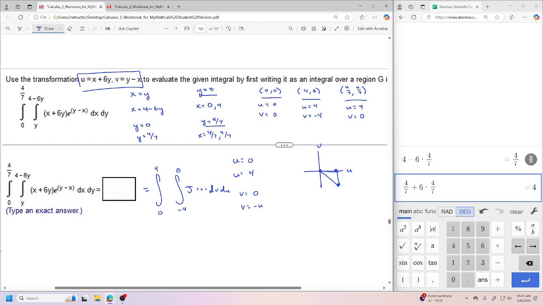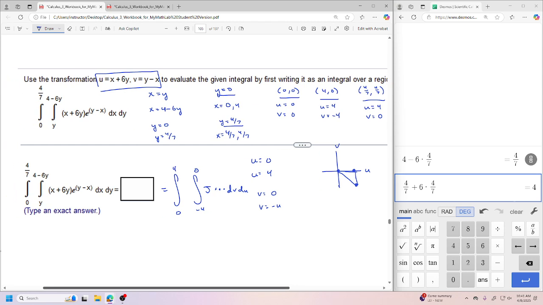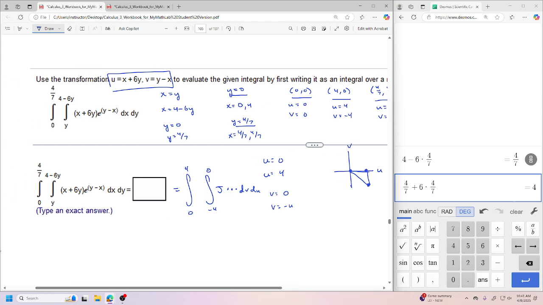So now off to the Jacobian. And here we go. We are actually going to be scared once again. Okay, so the Jacobian formula is x sub u y sub v minus x sub v times y sub u. It's a determinant, but that's just the quick way to do it.